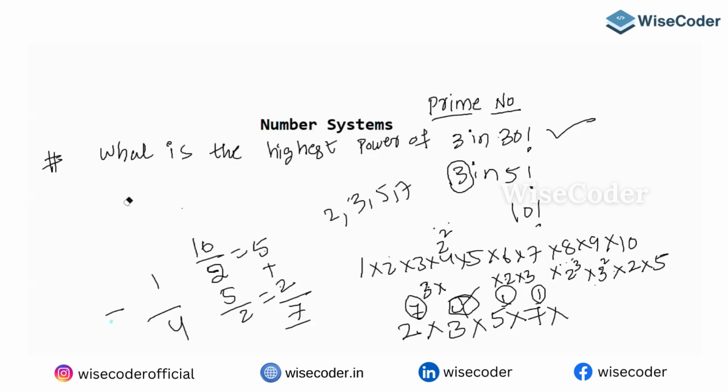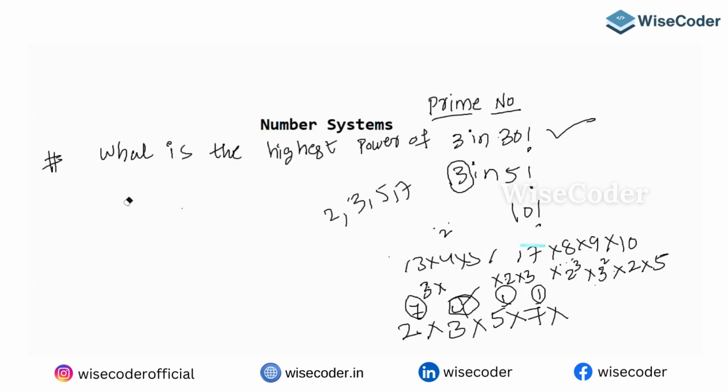I want the highest power of 3 in 30 factorial. So don't write like this.